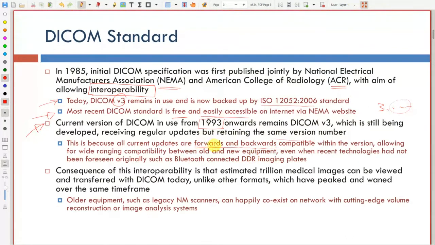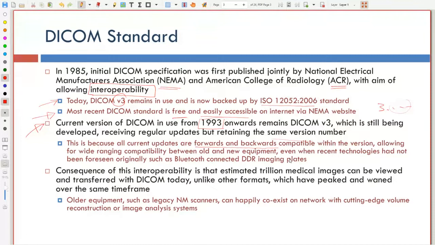This is actually one of the features that would make this a very nice standard. You don't want a standard where, whenever you come up with an update, the newer version becomes incompatible with the older versions.